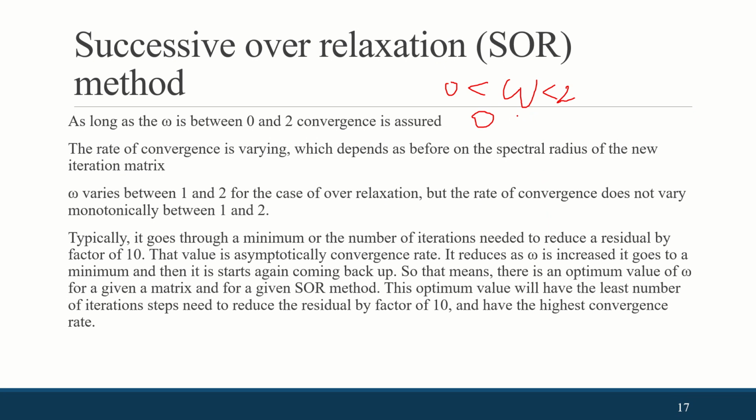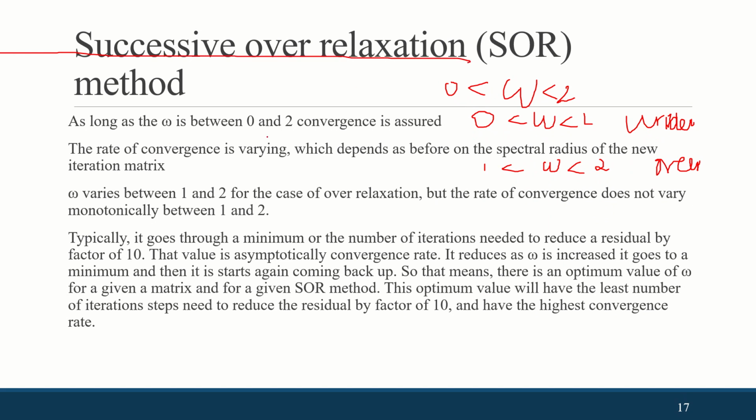If it is between 0 and 1, we call it under relaxation. If this omega is between 1 and 2, we have over relaxation, successive over relaxation. This is what we are focusing on here, right?